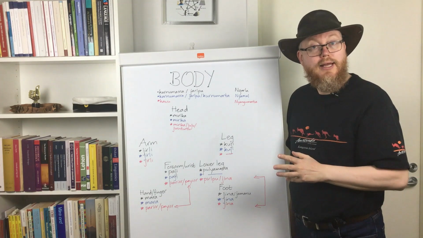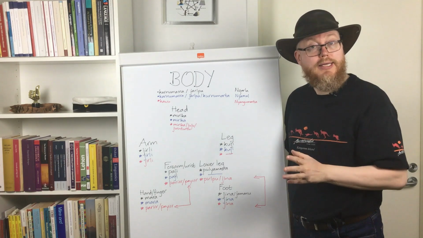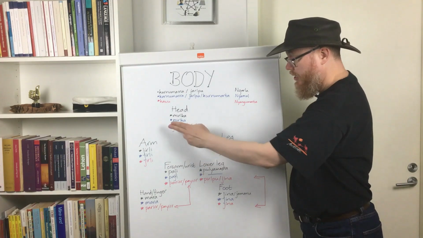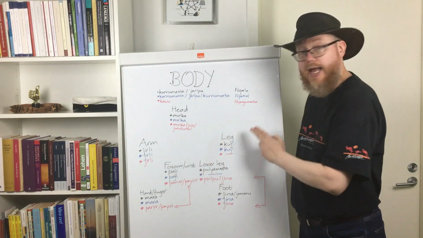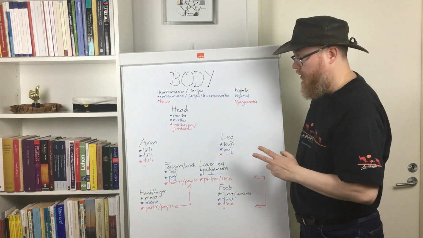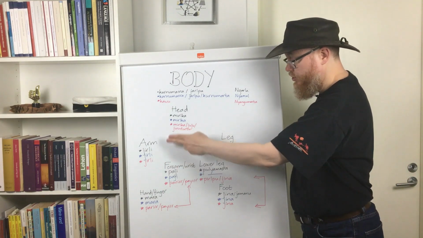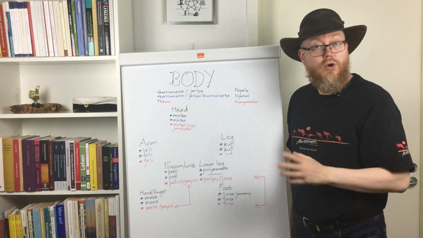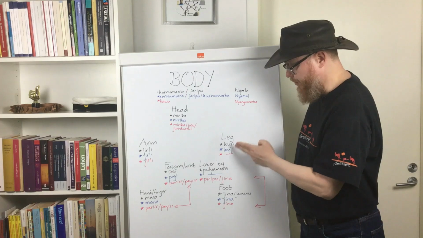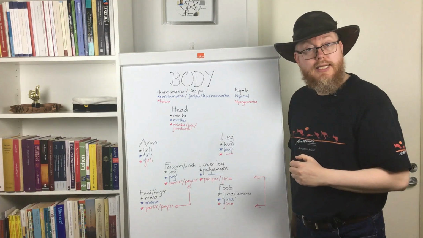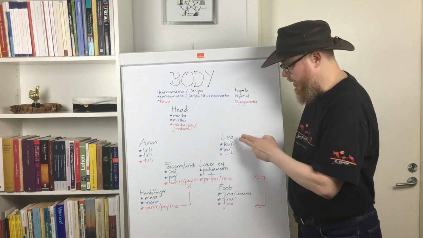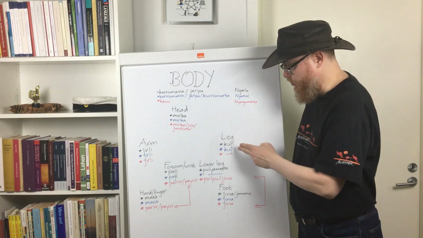Moving away from the head, we can see that the words for arm and leg are identical. Jori is used for arm in all three languages. Unfortunately, no word for leg was listed in the Nyangumarta dictionary, but in the other two languages we find the word koji.